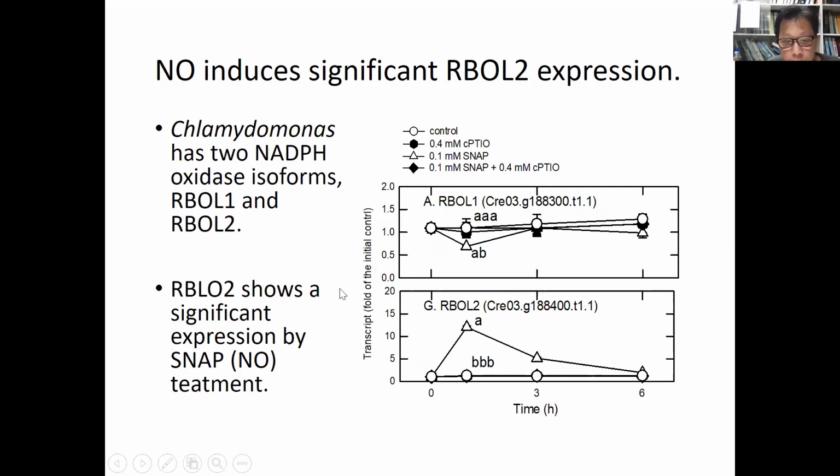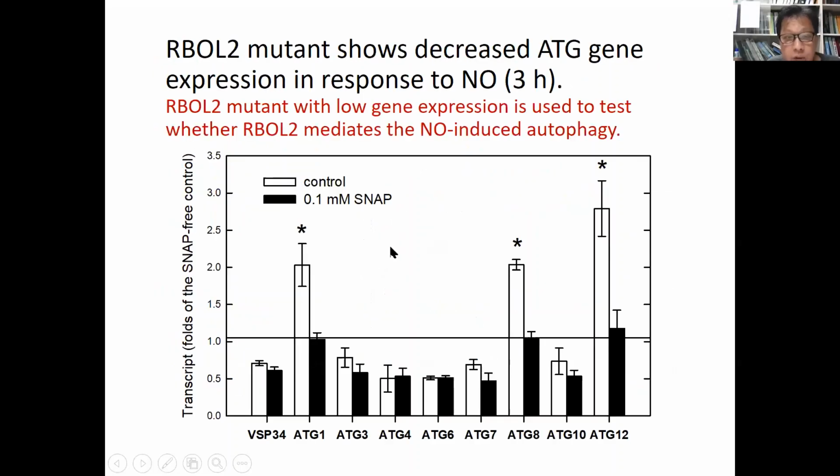So we hypothesize that maybe RBOH2 can play some role in the regulation of NO-induced autophagy under high-light condition. So we use the RBOH2 mutant with low gene expression to test whether RBOH2 mediates the NO-induced autophagy.